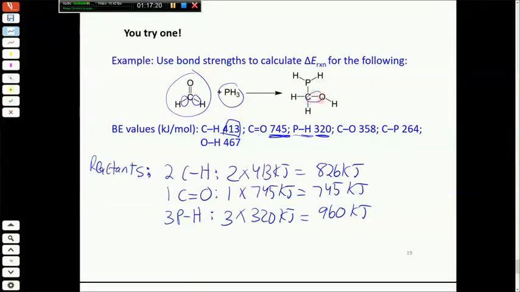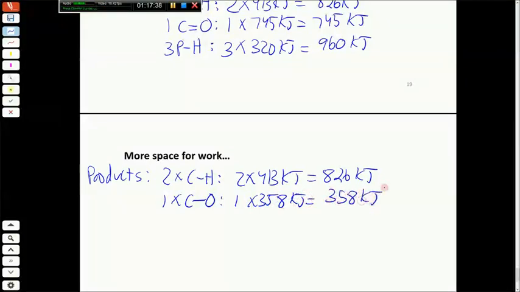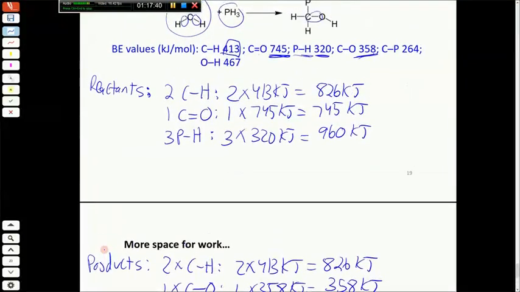So this has changed from a double bond to a single bond. So we're going to use that number there, 358, for carbon-oxygen single bond. We have an O-H bond that's formed there. So O-H we're given is 467.